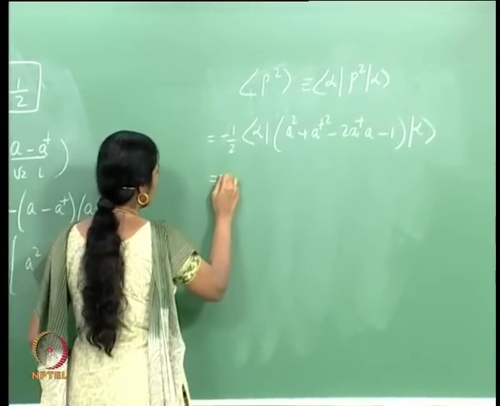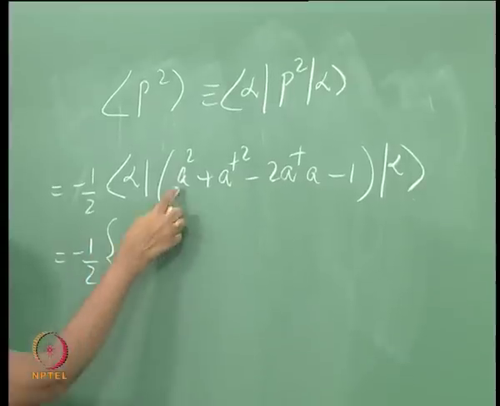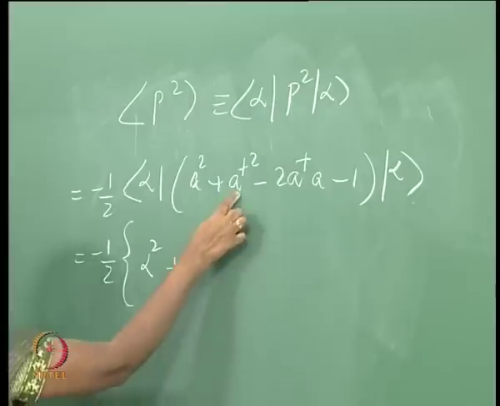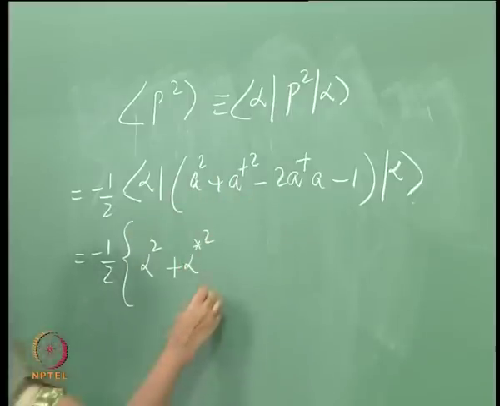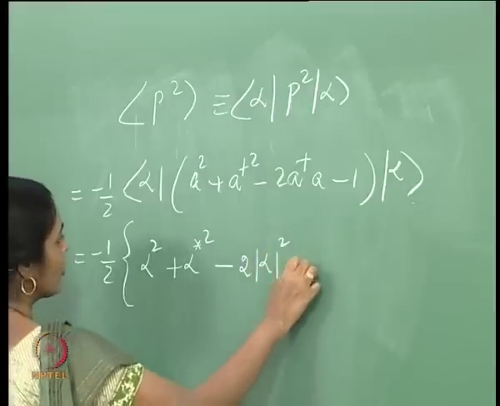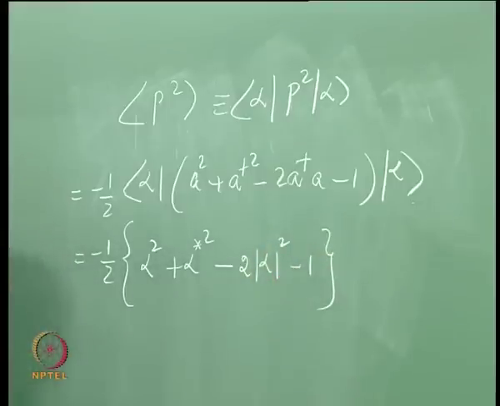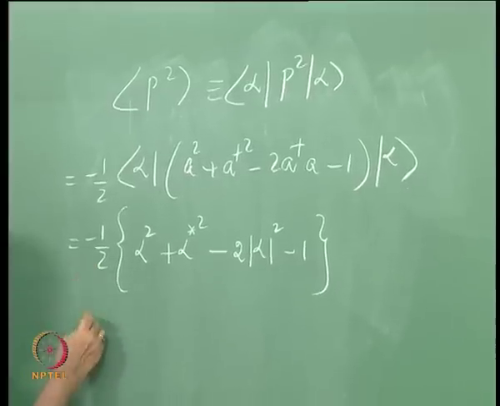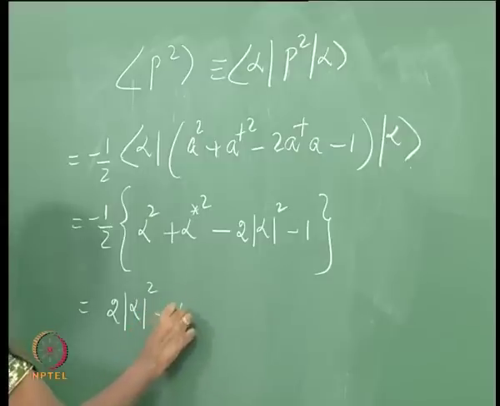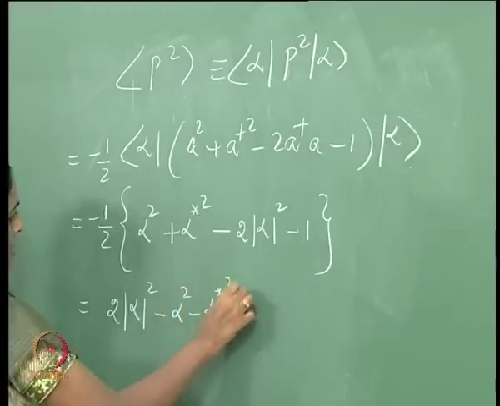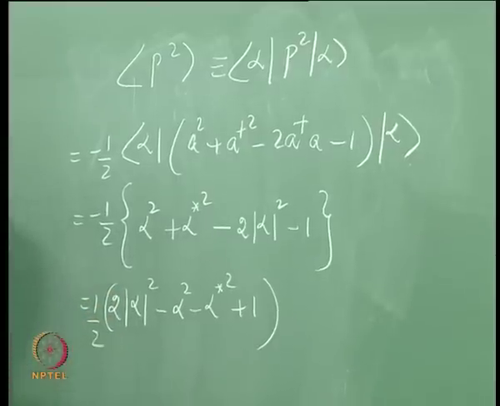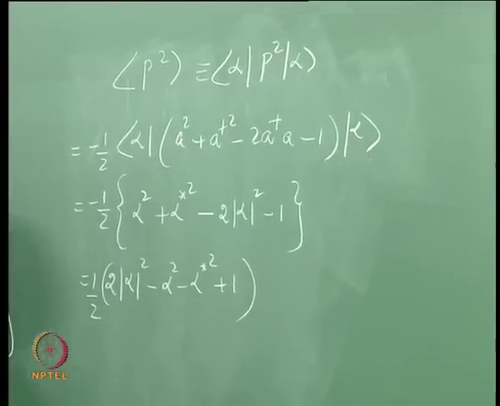Now once more, as before, the first term gives me alpha squared, the second term gives me alpha star squared in the expectation value, the third gives me minus 2 mod alpha squared, and the fourth gives me a minus 1. There is an overall minus sign, and therefore this just gives me 2 mod alpha squared minus alpha squared minus alpha star squared plus 1, half of that. So this is the expectation value of P squared.